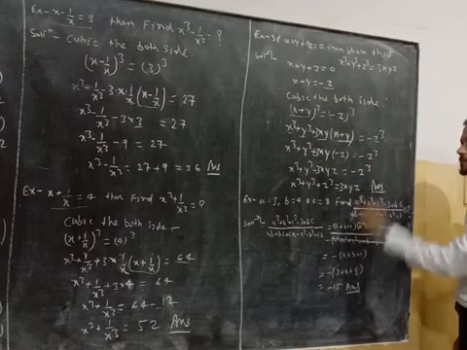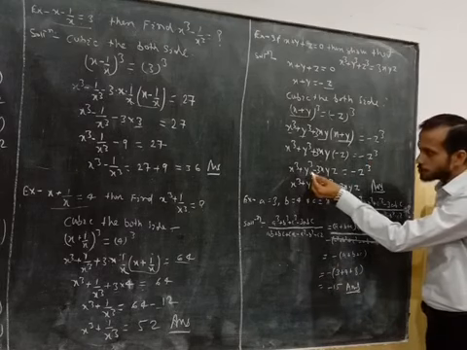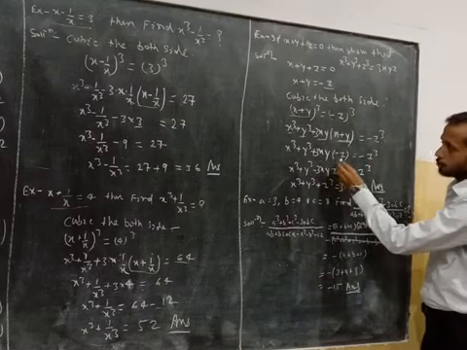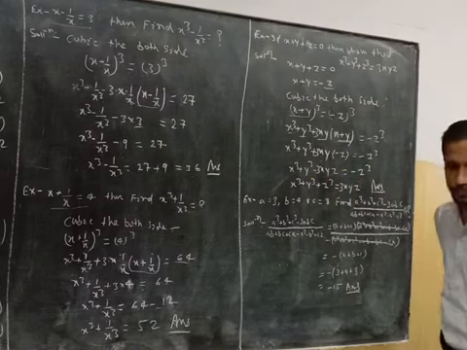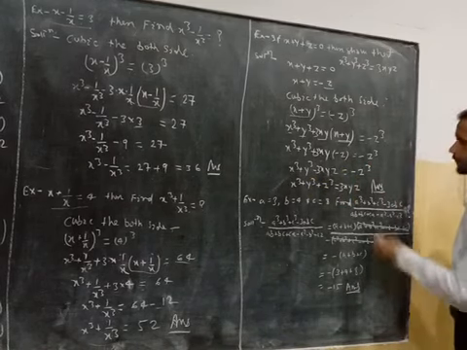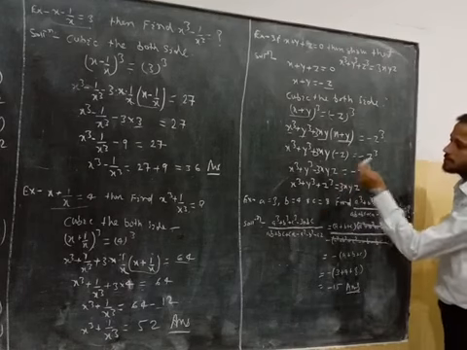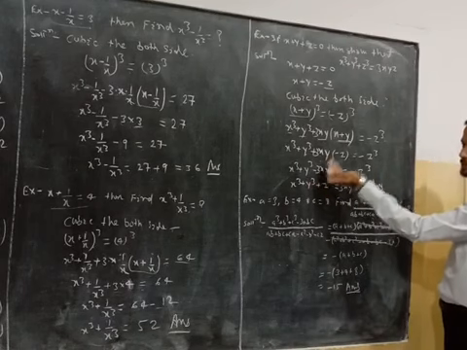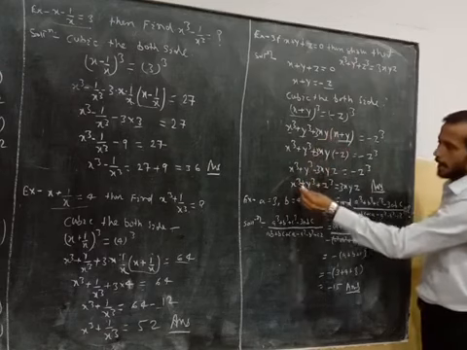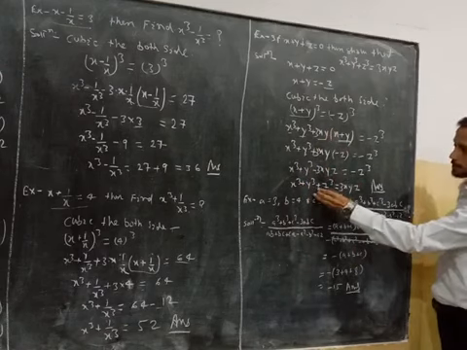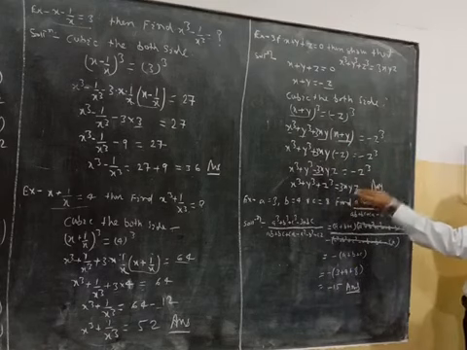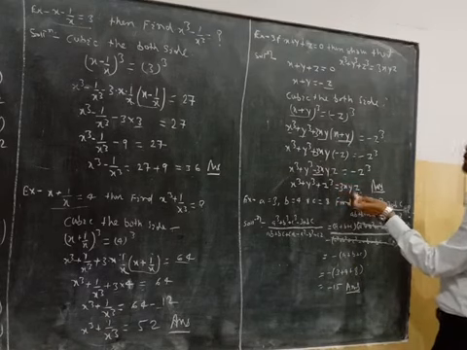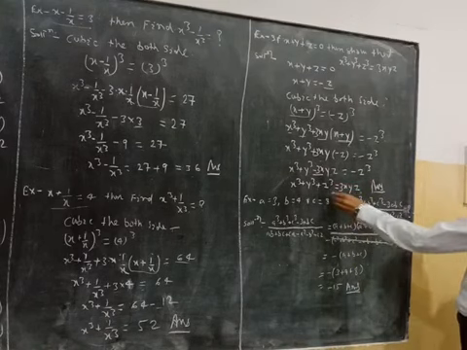X cube plus y cube minus 3xyz is equal to minus z cube, and change the side. Minus side changes to plus, so x cube plus y cube plus z cube is equal to 3xyz, and hence the result.